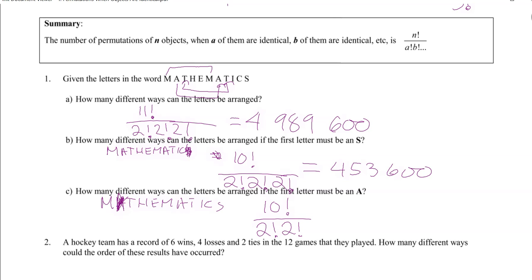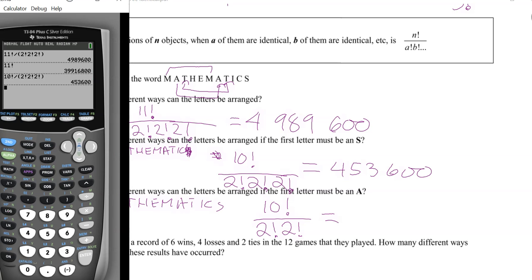So 10 factorial, 10 letters left. 2 of them are M's. 2 of them are T's. And so, let's see, can go grab this, take out one of the two factorials, and go 907,200.